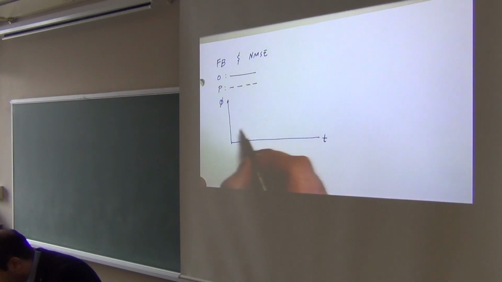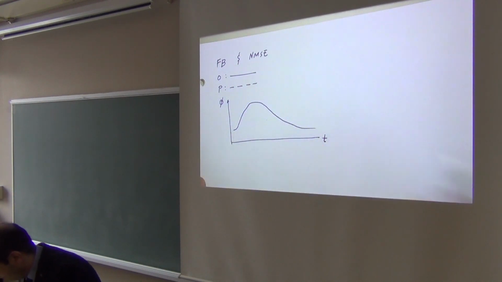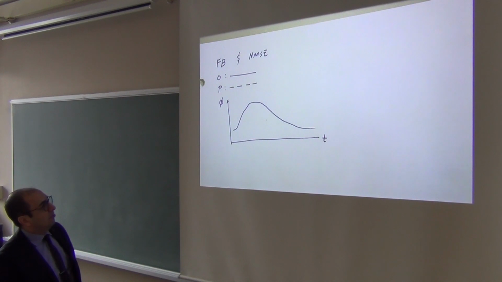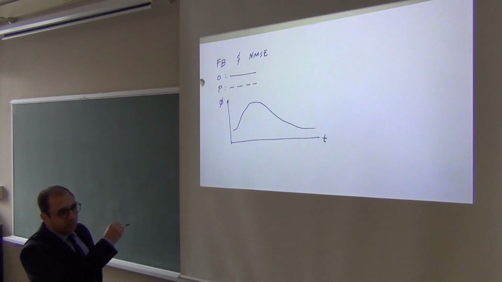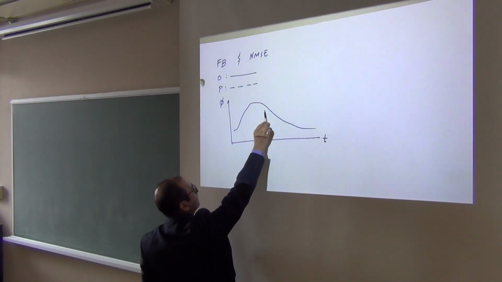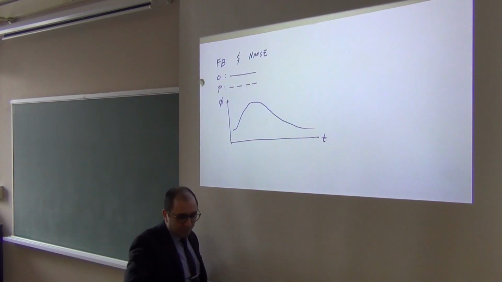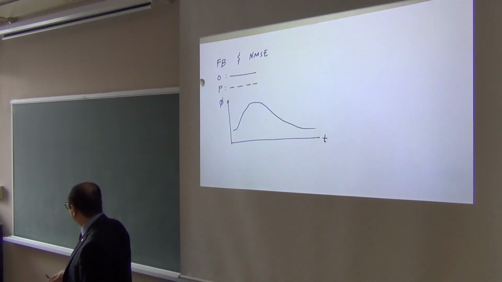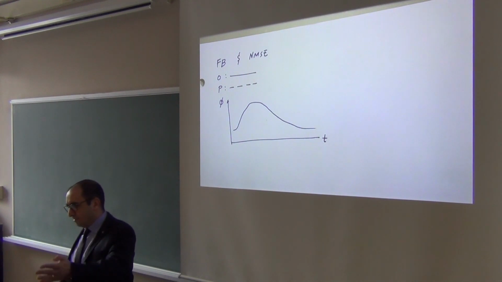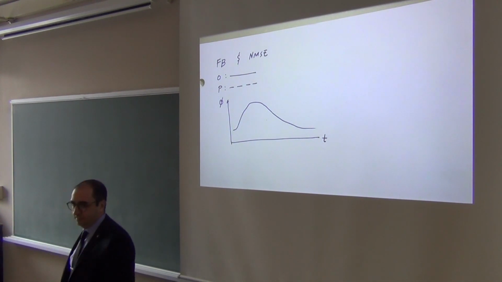So here is the observation. Could be anything. So I have some physical phenomenon where the observation peaks over time and then goes down. Let's say I turn up the thermostat and I measure temperature in this room, temperature goes up, and then I turn it down, temperature goes down.